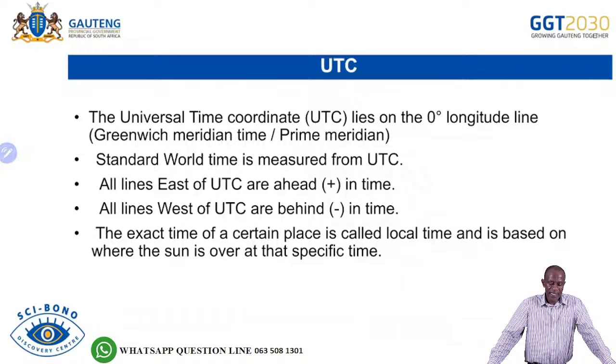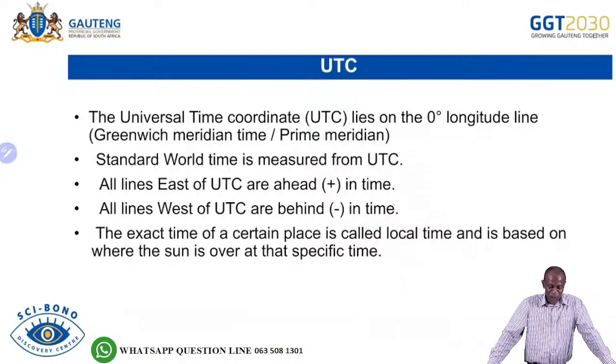All the lines of longitude east of the UTC are ahead in time. From the map, as we project later on, you'll see that all the longitudes located east of the Universal Time Coordinate are indicated with a plus.